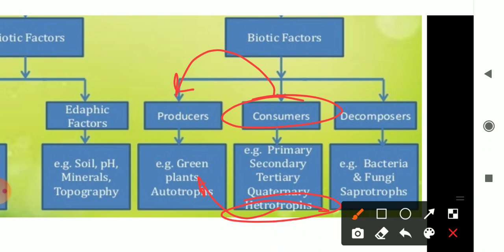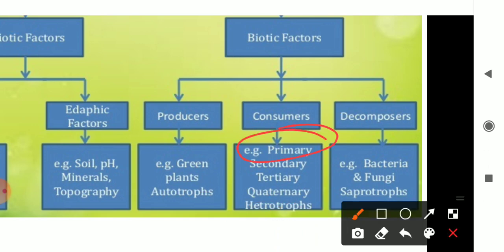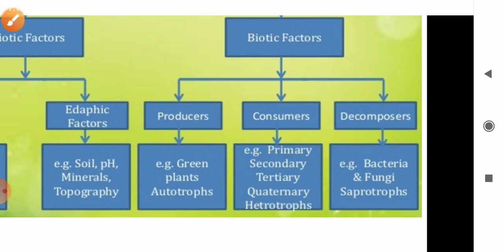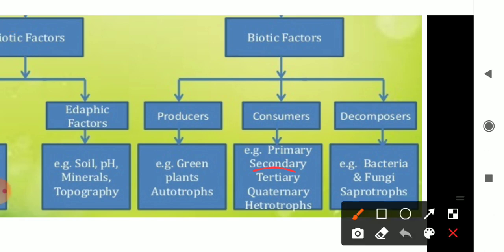The consumers include the primary consumers, which are the herbivores, and secondary consumers, which are the ones that eat the flesh of primary consumers. Then there may be tertiary consumers also, which eat the flesh of secondary consumers, and then the top carnivores or quaternary consumers, which eat the flesh of secondary and tertiary consumers but themselves are not fed upon, right?